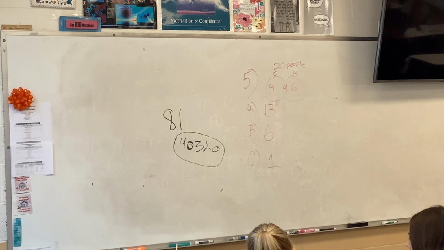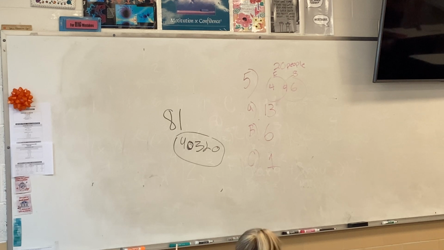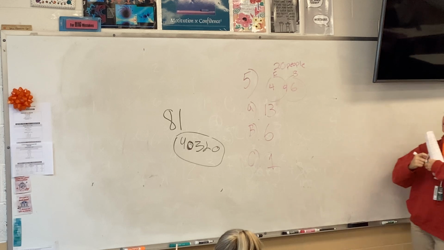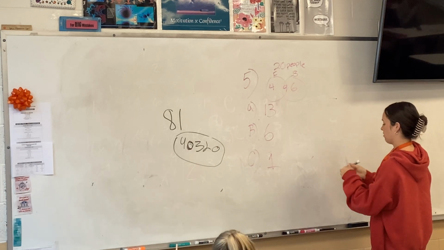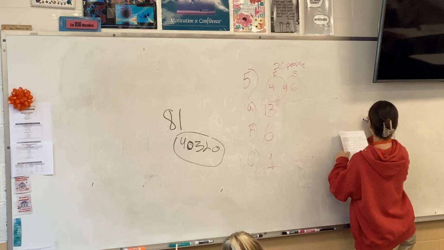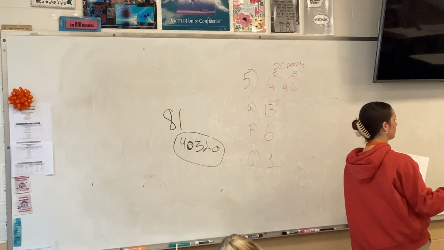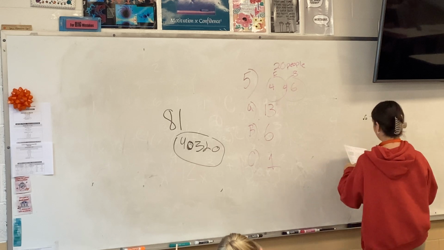All right, Kate's got it. 1B. Okay, so you're gonna take 0.6 because the blue and the yellow, the 0.3 plus the 0.3 equals 0.6.